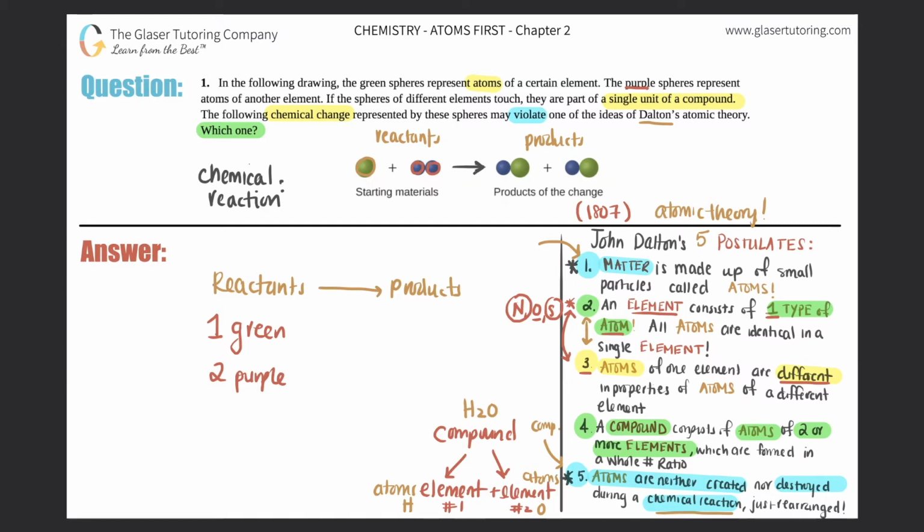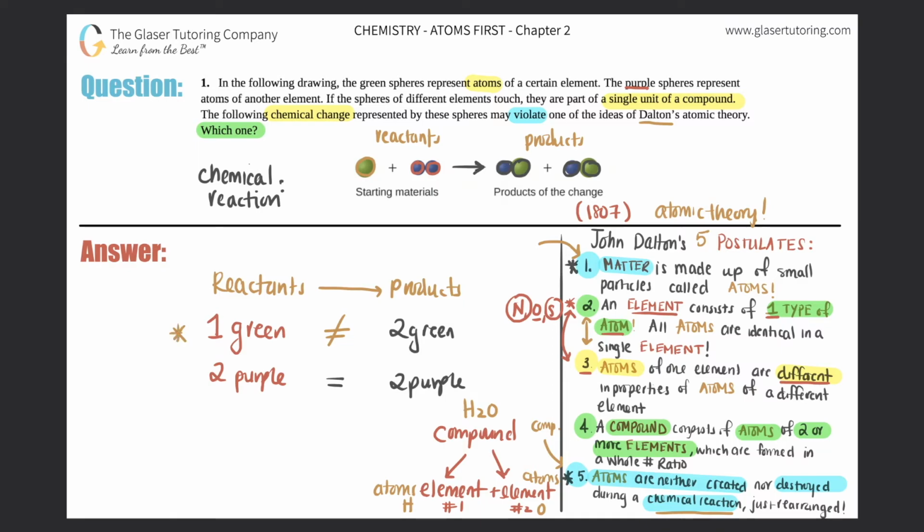And what do we have on the product side? Well, we have the 2 purple, so that matches. And we have 2 green on this side, right? Do we see a problem here? Yeah. These were equal, 2 purple equals 2 purple, but 1 green does not equal 2 green.